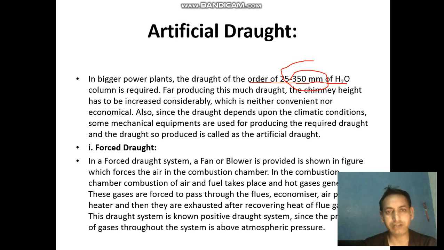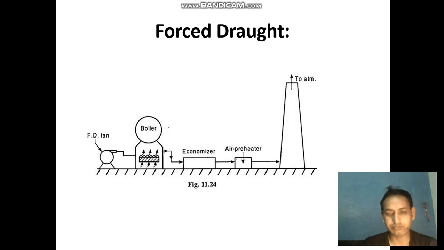Now this artificial draught is categorized into three parts. One is called the forced draught system, another is the induced draught system, and the third one is the balanced draught system. Here in the forced draught system, these are the locations: the boiler, economizer, air preheater, and this one is the chimney, and this is the location of the forced draught fan.